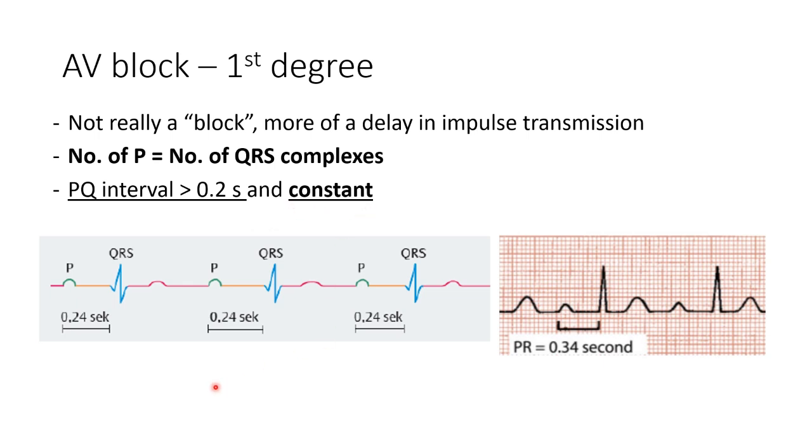If you see over here, this PQ interval happens to be around 0.34 seconds, like it's indicated, and it is before every QRS complex, even though there's only two over here, but take my word for it. And it is constant as well, it's not being altered. So these are the characteristics of a first degree AV block.